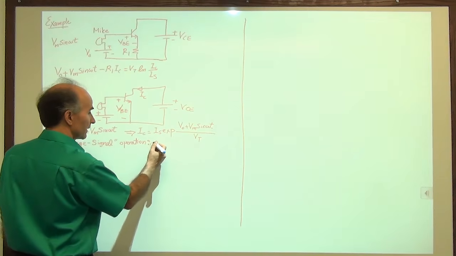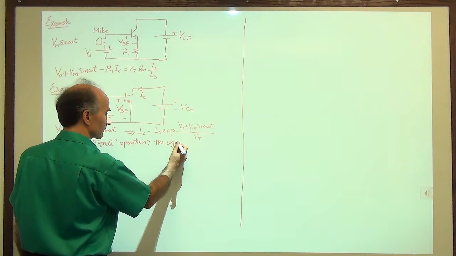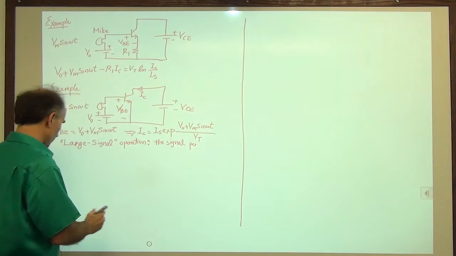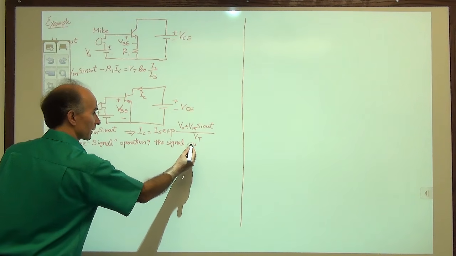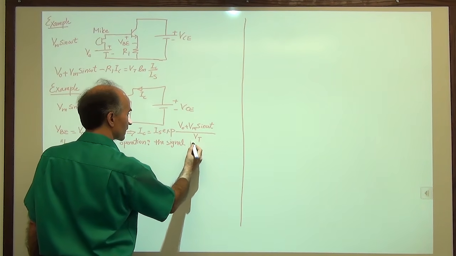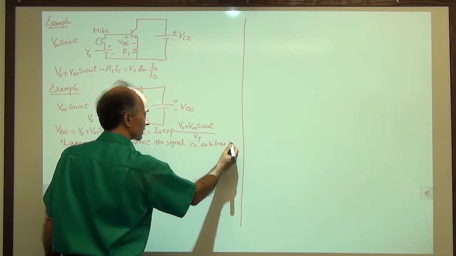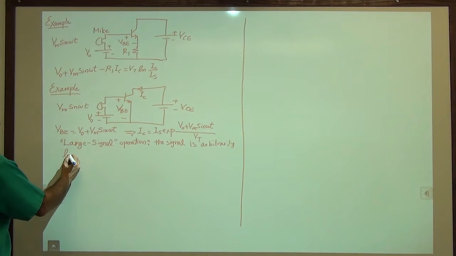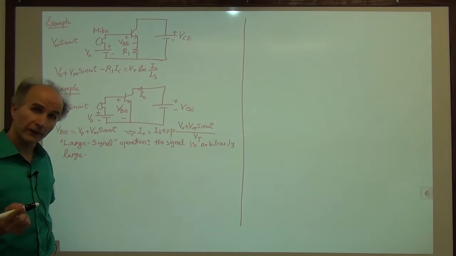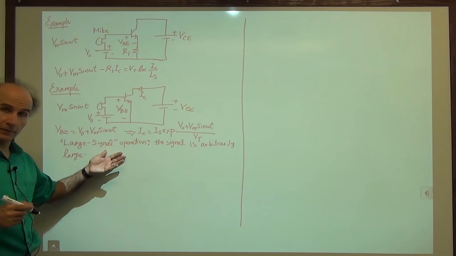The signal that's coming to the circuit is arbitrarily large. That's all. It doesn't mean that it's large all the time. Sometimes it could be small, but it could be also large. That's why we call it large signal operation.